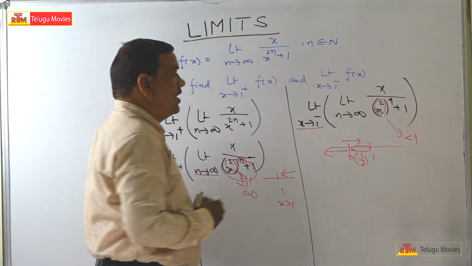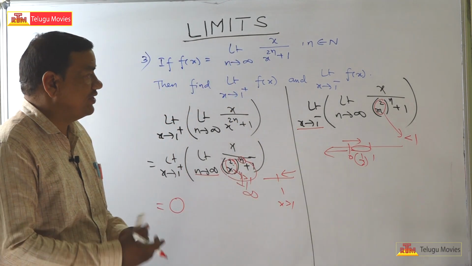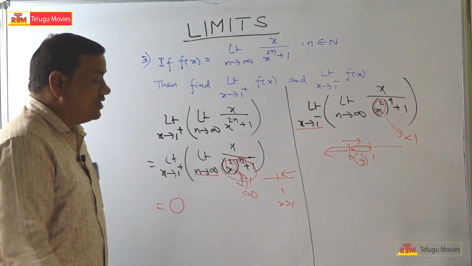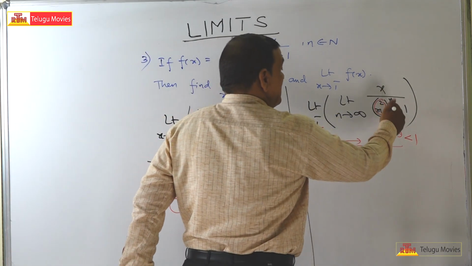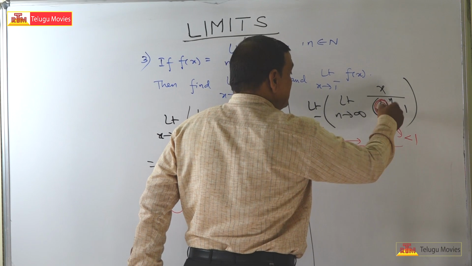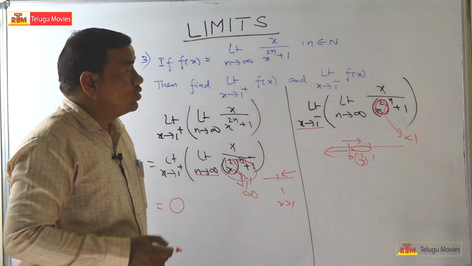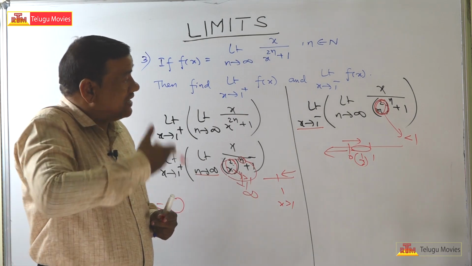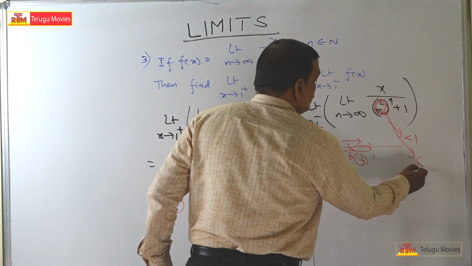Now, n tends to infinity. N tends to infinity means you are increasing the power on a value less than 1, making the powers rise. So when you are making powers rise, what happens? This value tends to 0.